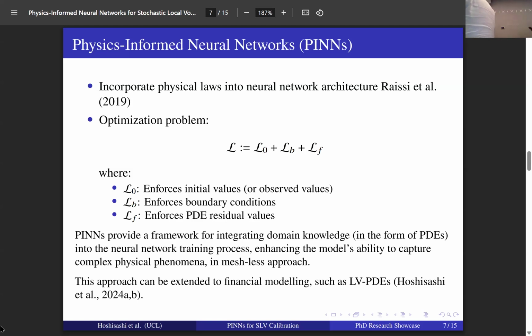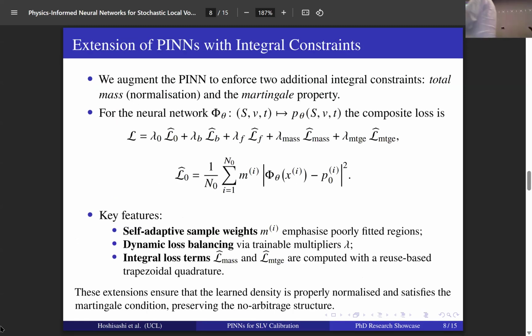By doing this, we can make the obtained neural networks follow the PDE equations by taking appropriate learning methods. So this approach can be extended to financial modeling, of course. And last year, we did some work on a simpler PDE problem called the local volatility model PDE.